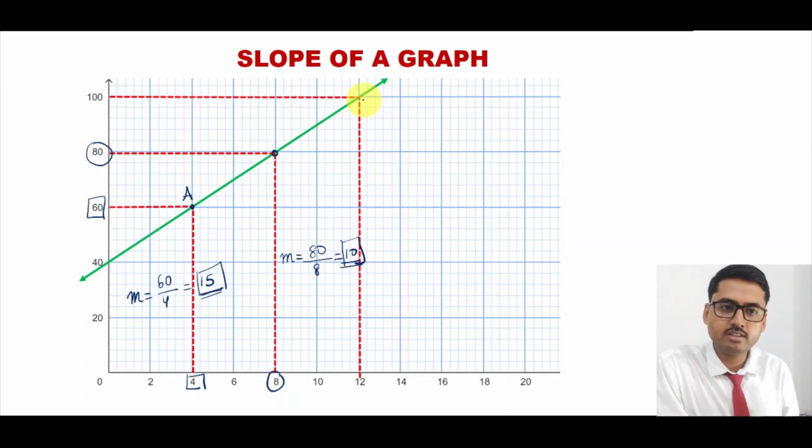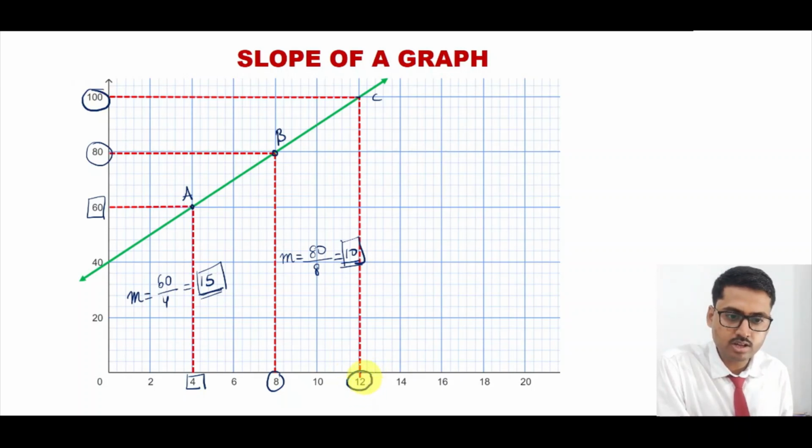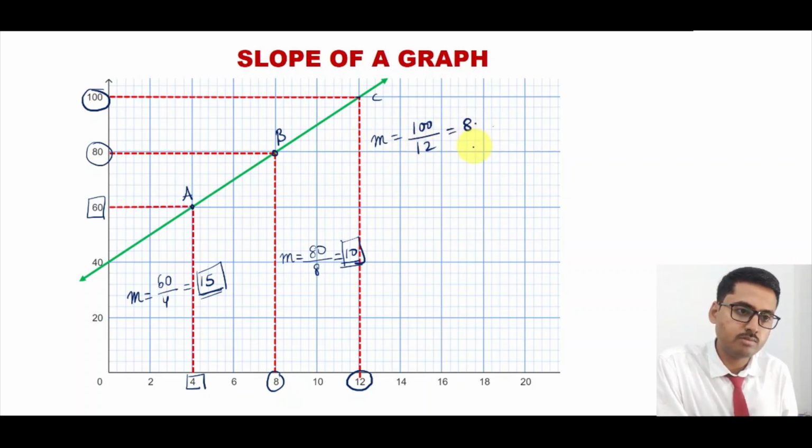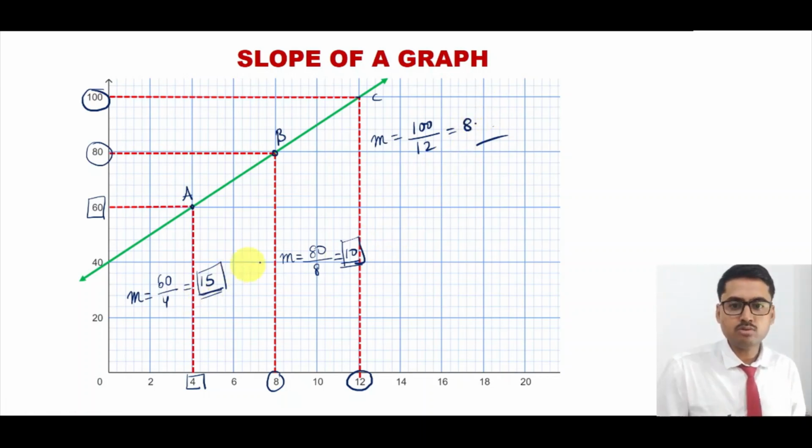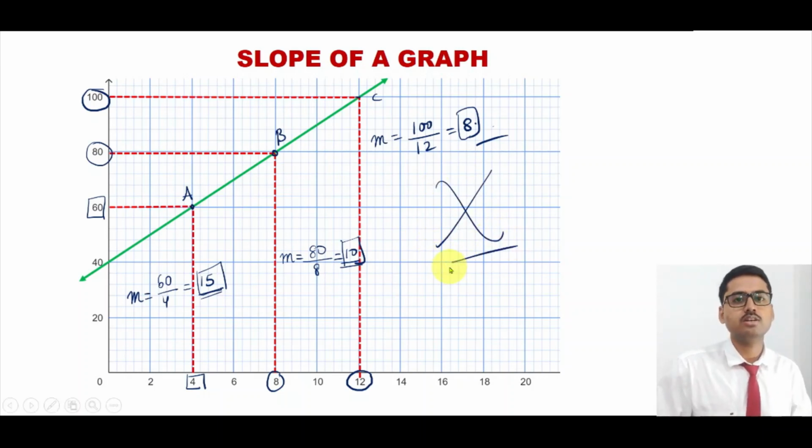Let us take this point as C, and if I find the slope using point C and see its corresponding value in y and x, this is 12 in x and 100 in y, so the slope will be 100 by 12 and that is 8 point something. So you can see the values keep varying, 15, 10 and 8, but the answers are all wrong.